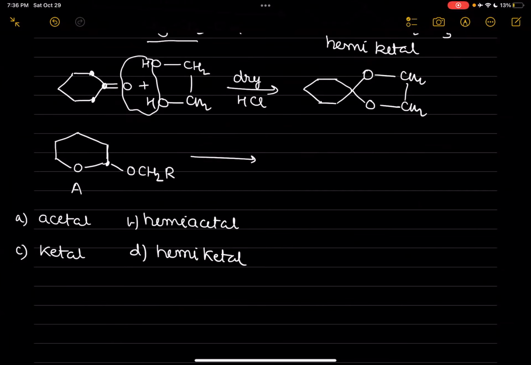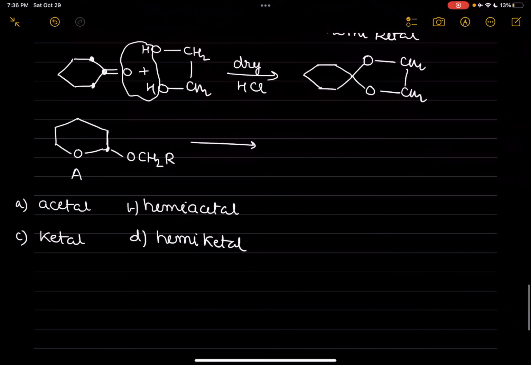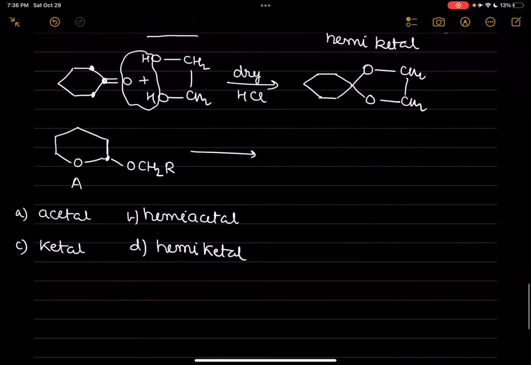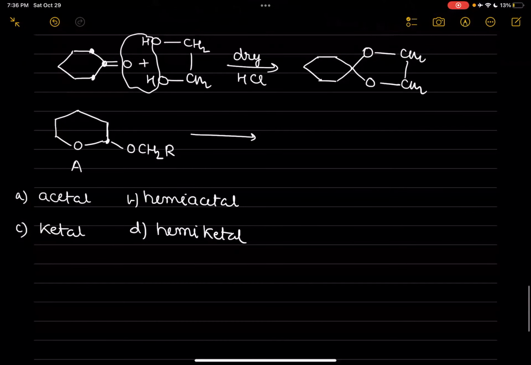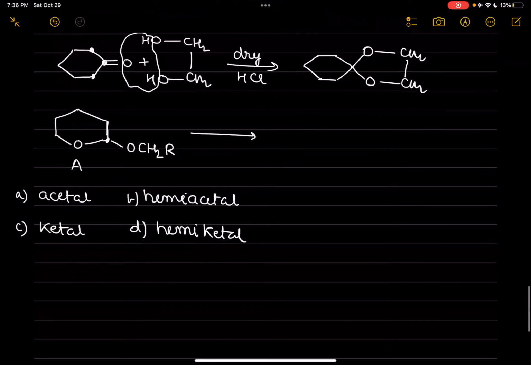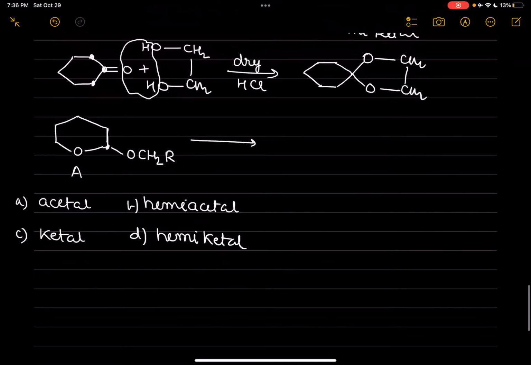Now tell me, are there two carbon atoms, or is there one carbon atom and one hydrogen? So one carbon, one hydrogen.